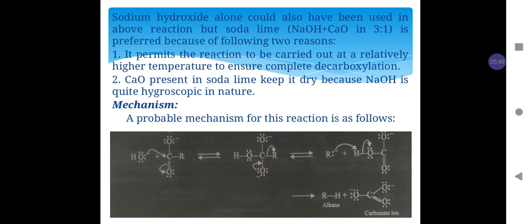This alkyl anion then abstracts hydrogen from hydrogen carbonate to form alkane and carbonate ion.